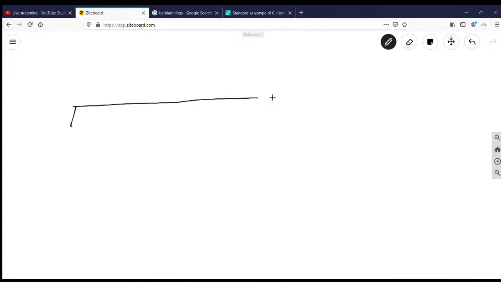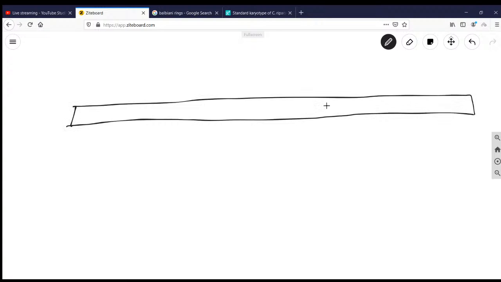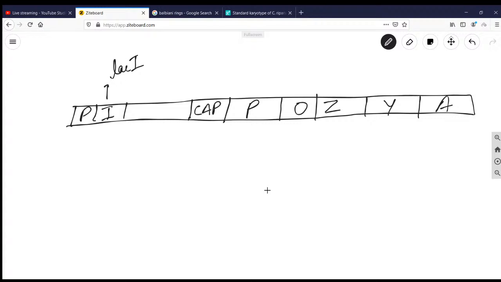If I draw like this, negative inducible operon, lac operon, okay, you have Z, you have Y, you have A. You have the operator region, promoter region, the cap site which we had talked about in the last class. Then you have LAC-I, promoter for LAC-I also.